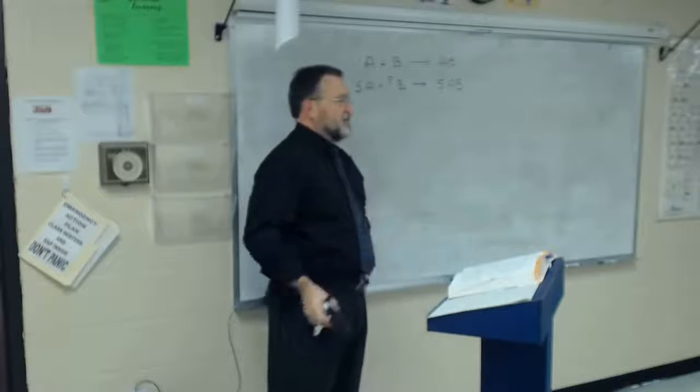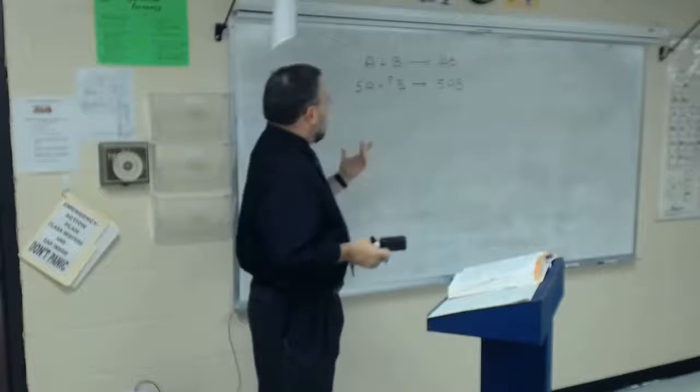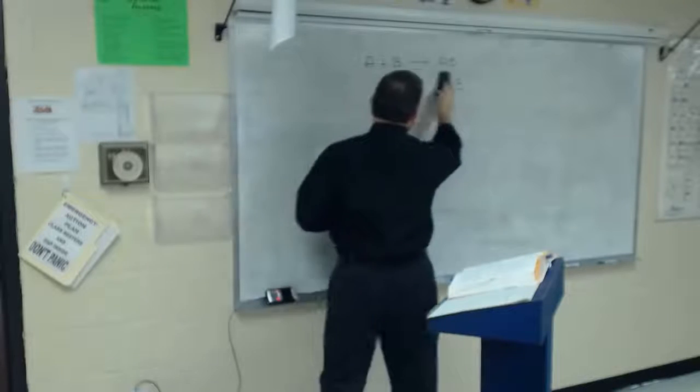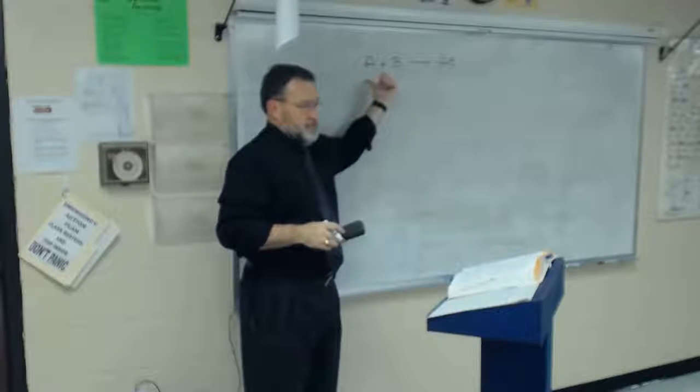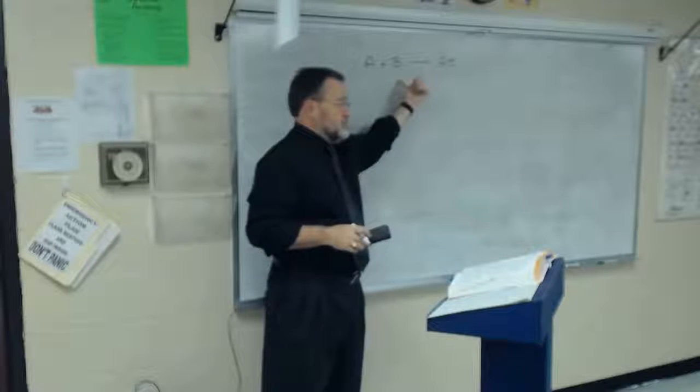Must have 5, right? If I'm doing a reaction and I know that it's going to be a 1-to-1, and I tell you that I react A with excess B.